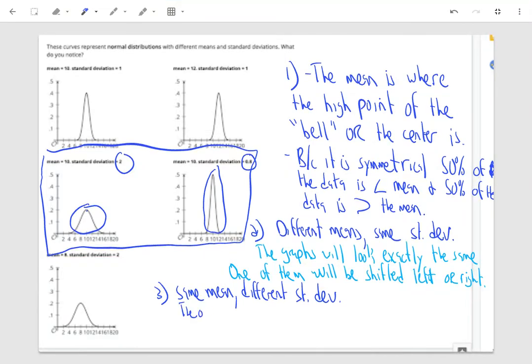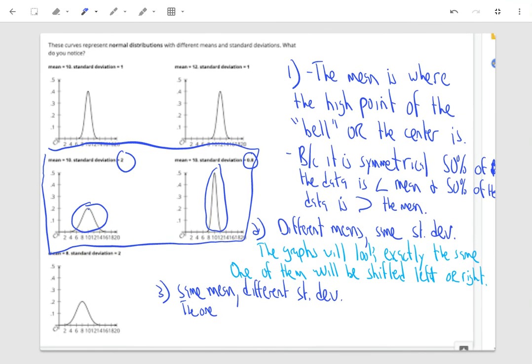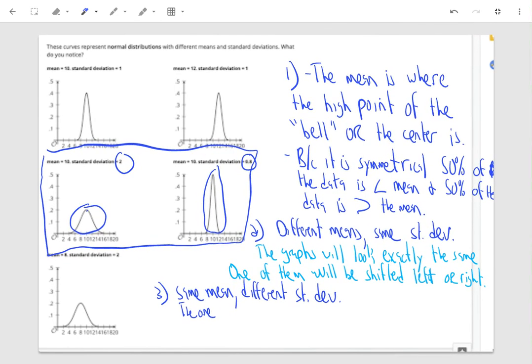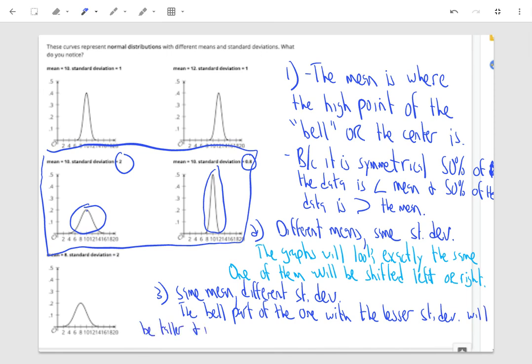So how will I describe this? The bell part of the one with the lesser standard deviation will be taller and narrower.